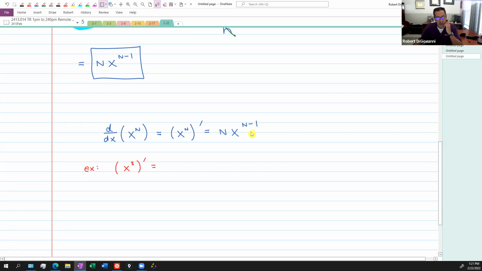A lot of times the way this is taught is that you just bring the power out as a 3, and then you subtract 1 from the power and it becomes x squared. And that's your answer, 3x squared. And we're done. That's nice, isn't it?